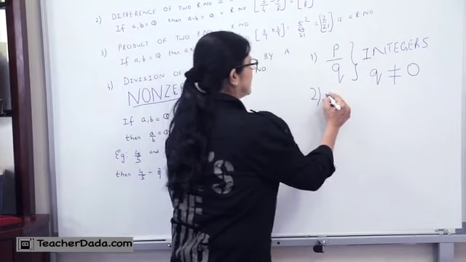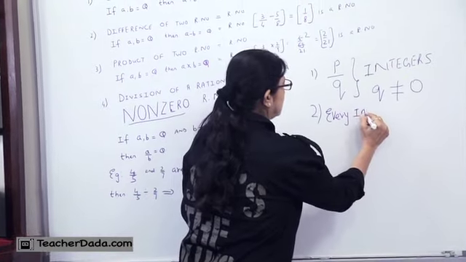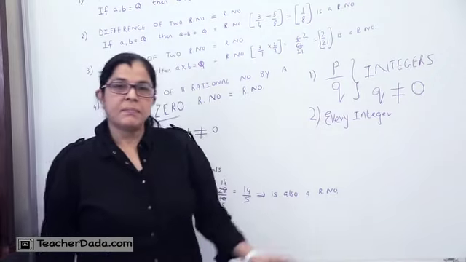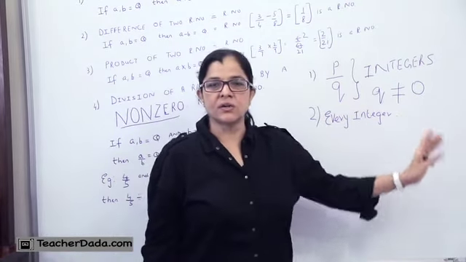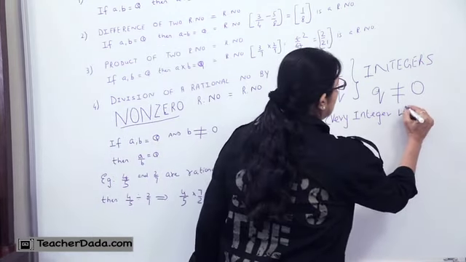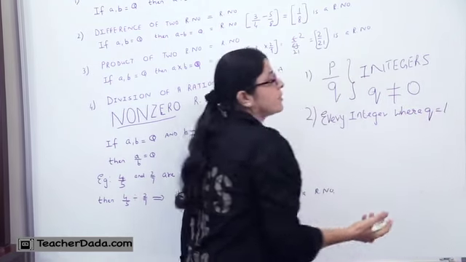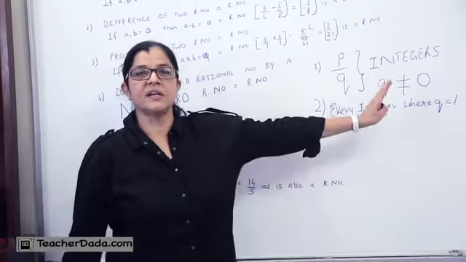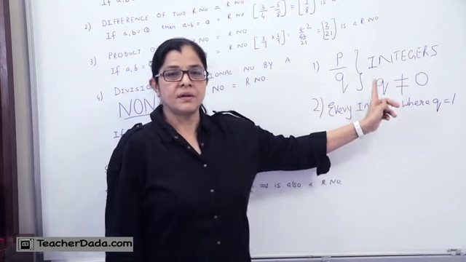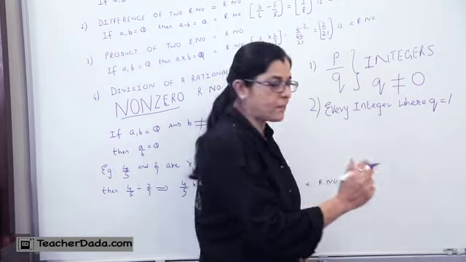Now every integer, be it positive, be it negative or be it 0, can be written in the form of P upon Q, where Q is equal to 1 or any other integer. It is not necessary it has to be 1 itself, but every integer can be written in the form P upon Q.